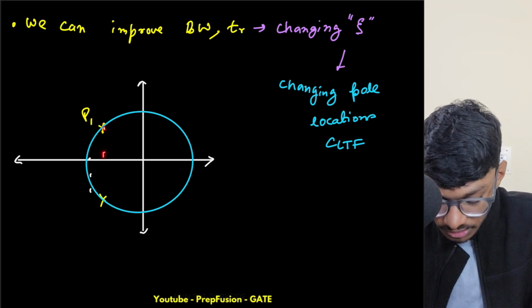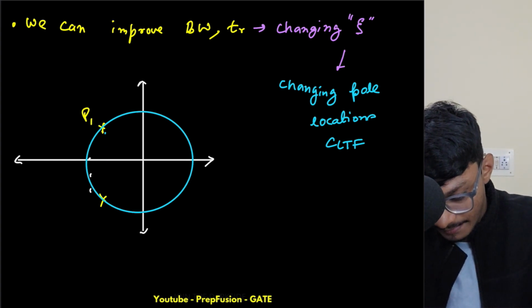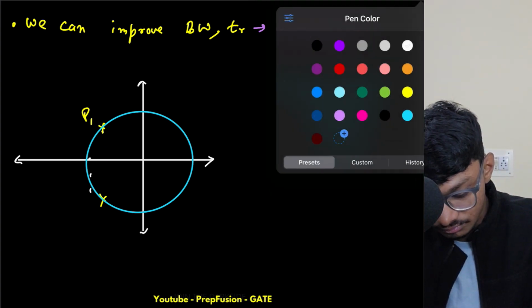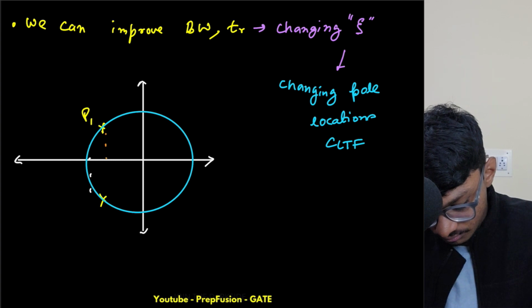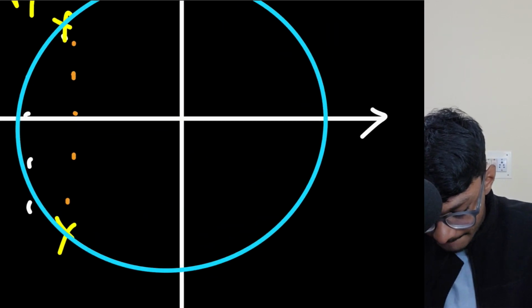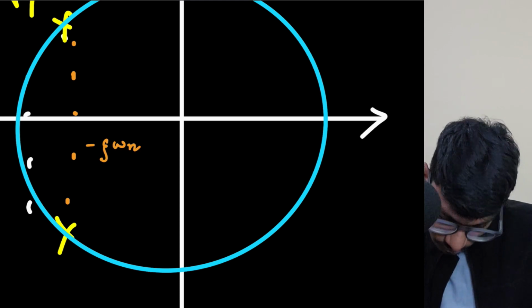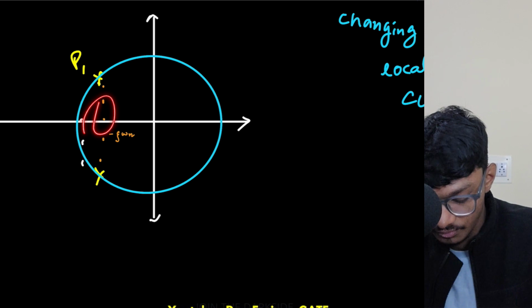How do you do that? This is zeta omega n, if you recall correctly. Now if this is zeta omega n, what does this mean?